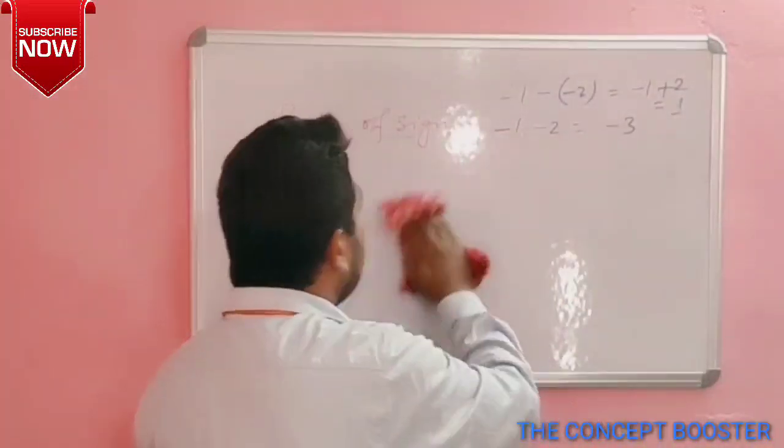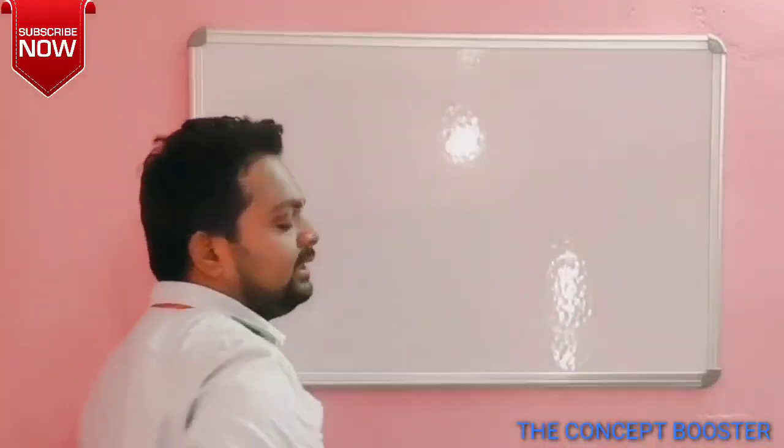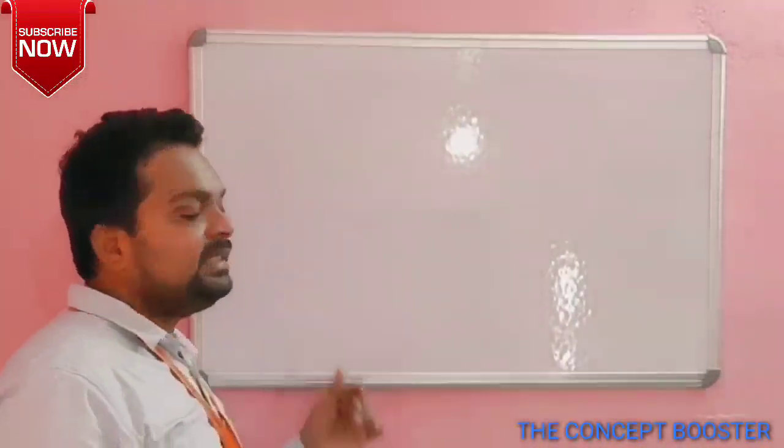Okay. Now take one more example of subtraction, because in subtraction most of the time a student makes a mistake.